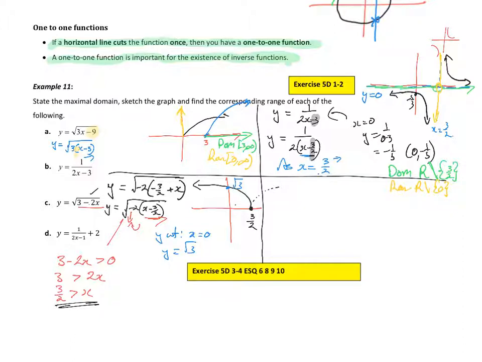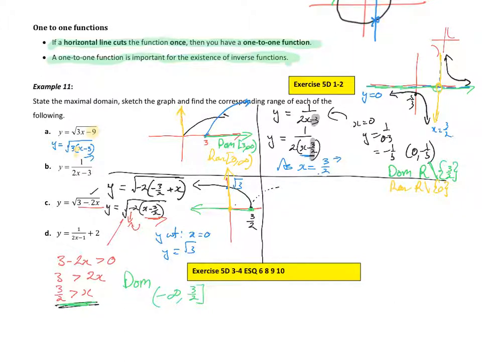Come in here. My domain is all the x values that way, which corresponds to that. So what do I need? I want from negative infinity up to 3 on 2, including 3 on 2, so I'll put a square bracket on 3 on 2. My range is the y values. My y values start here and head up.